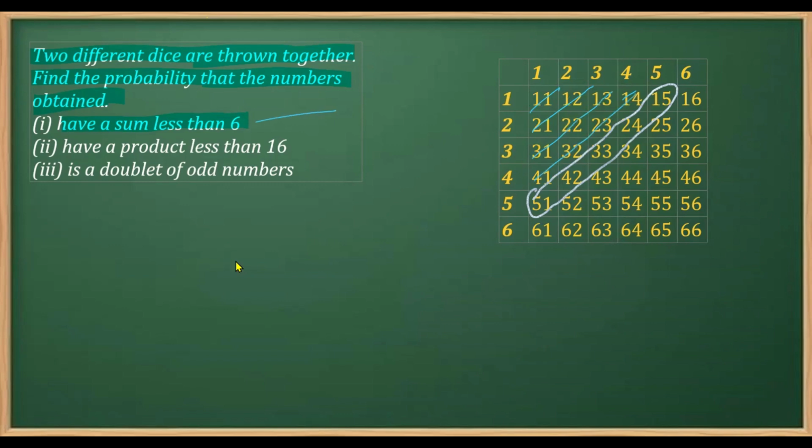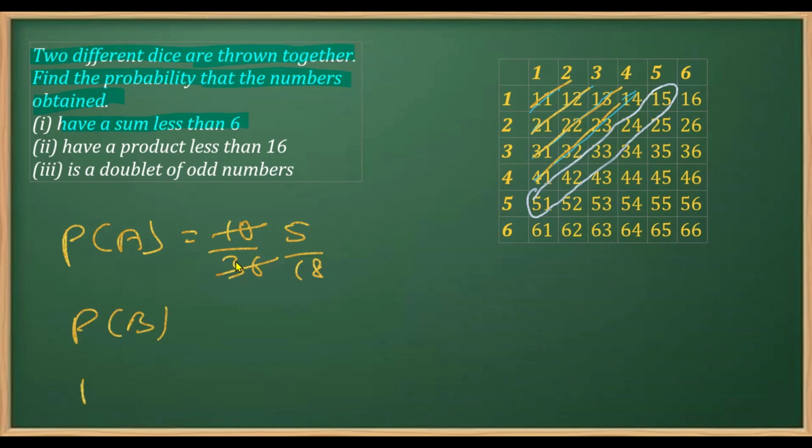Let's say P(A) for the first part. I lost the count, so again 1, 2, 3, 4, 5, 6, 7, 8, 9, 10. Yeah, it was 10. So 10 over 36, which comes out to be 5 over 18. Let's write down P(B) and then we'll write P(C) also.